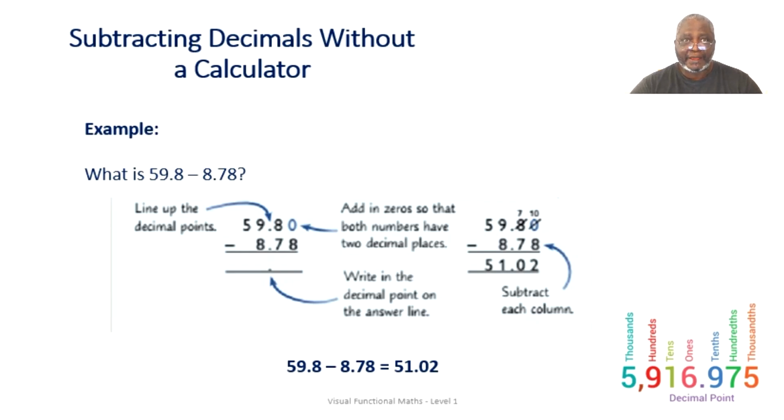And then you apply the principle you would in normal number subtraction. And your answer is 59.8 minus 8.78 is equal to 51.02. Not 51.2, but 51.02.